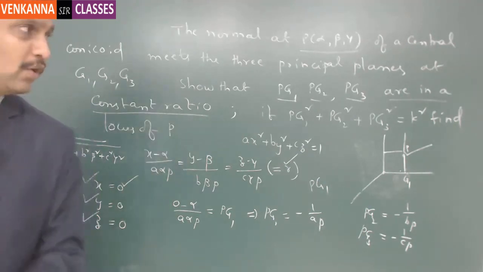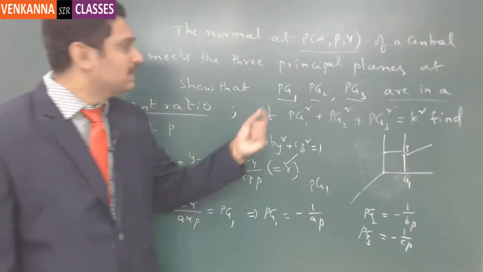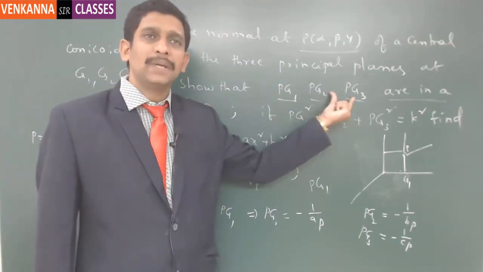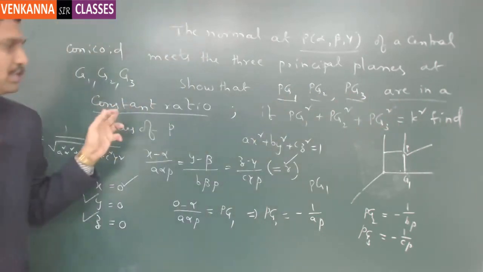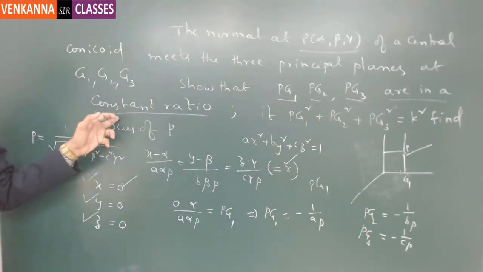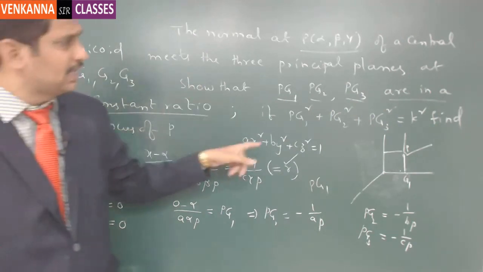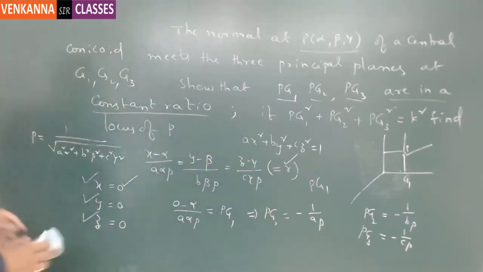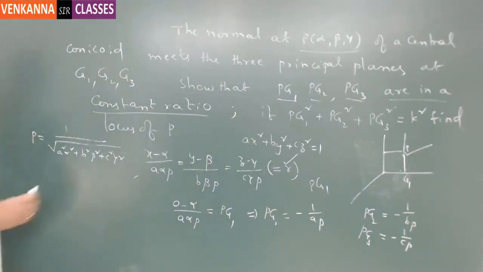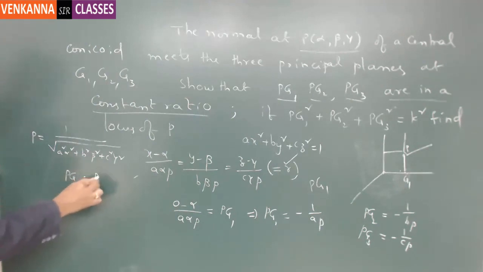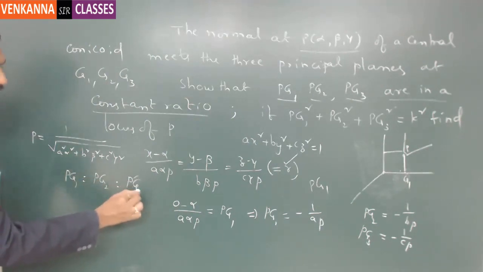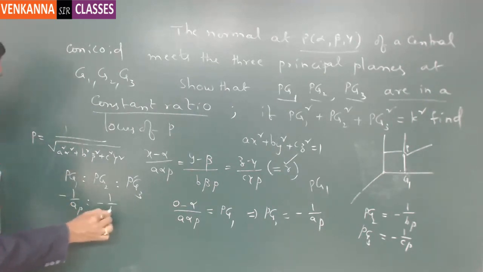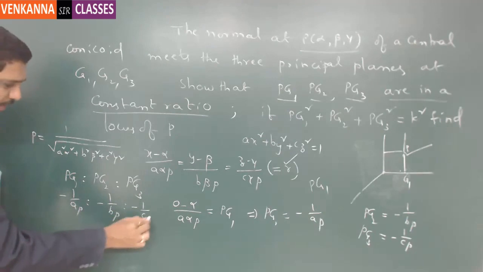Now, if you read the question problem, we have to prove that the distances PG1, PG2 and PG3 are in a constant ratio. What does it mean? If you calculate the ratio for the distances, it should be a constant. So, if you consider the ratio for PG1 is to PG2 is to PG3, it is nothing but minus 1 by AP is to minus 1 by BP is to minus 1 by CP.